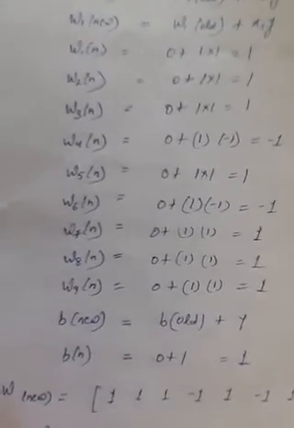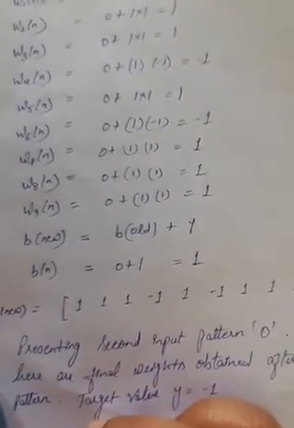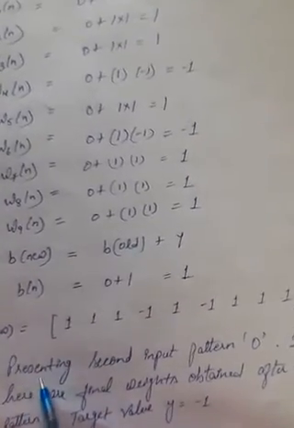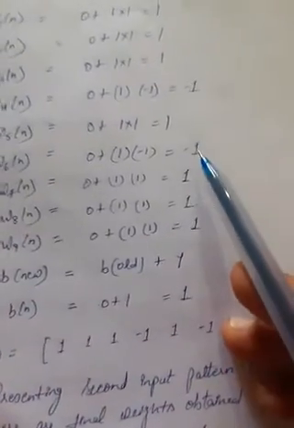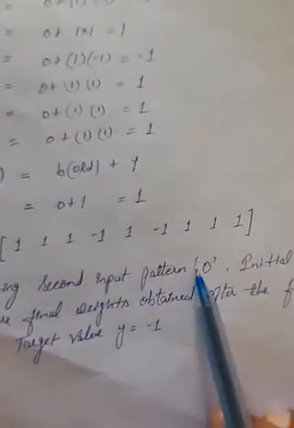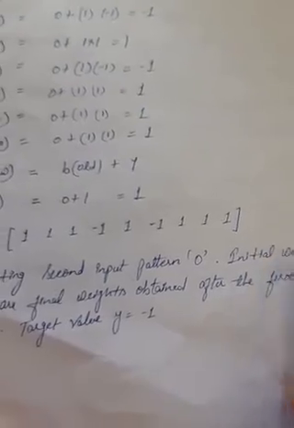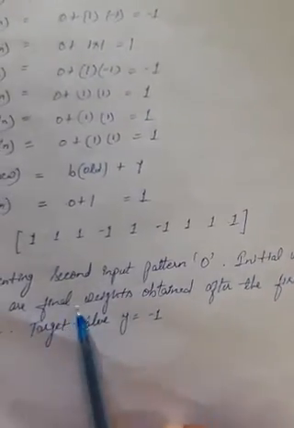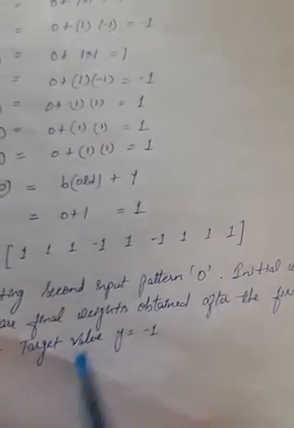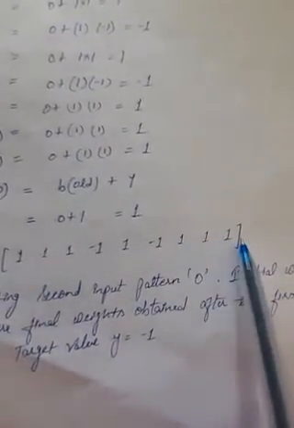Now let us see case 2. Okay, so in this case the weights that we have already obtained will serve as the initial weights. So presenting second input pattern O, initial weights used here are the final weights obtained after the first input pattern.